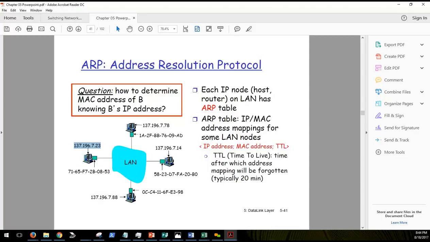Let me ask another question. Within an IP address, there are 2 pieces. What are they?